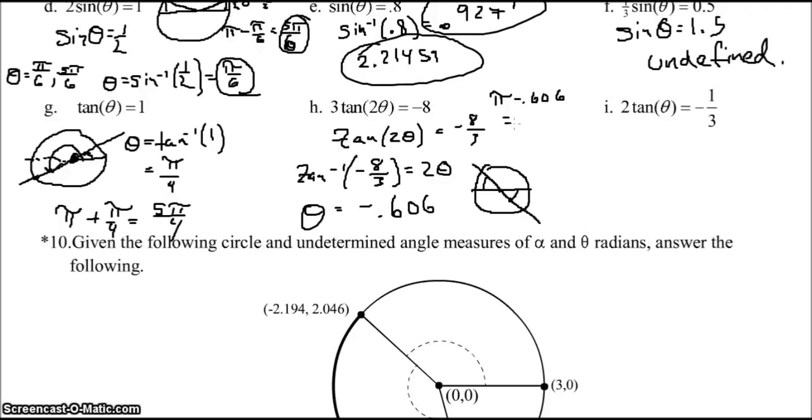2.5 radians. So there's one solution right here. Then we could add another pi to get another solution. 5.7 radians.